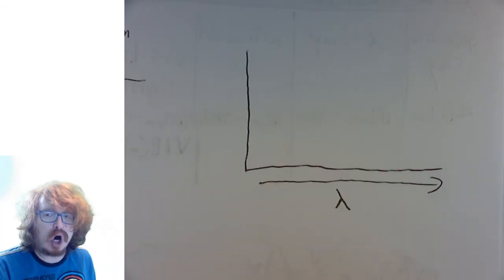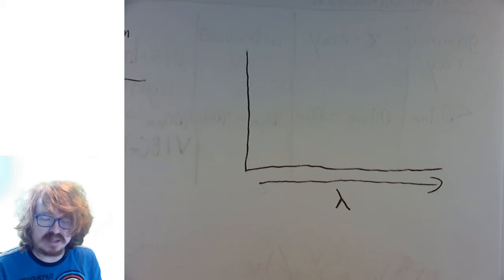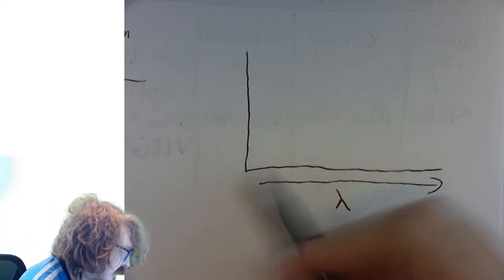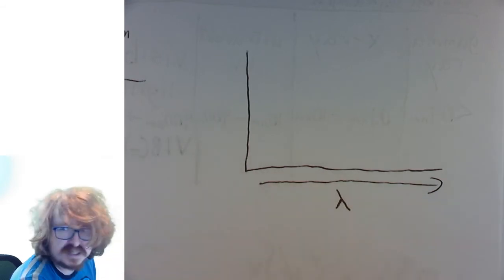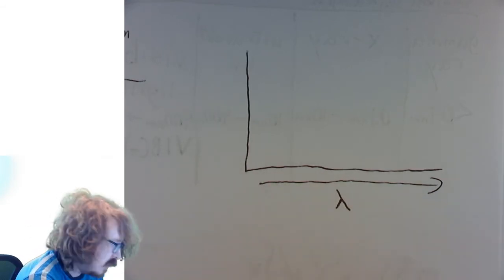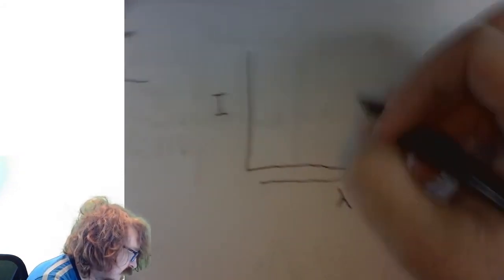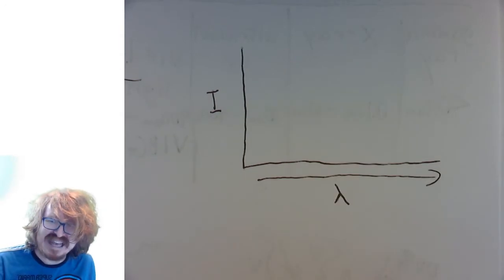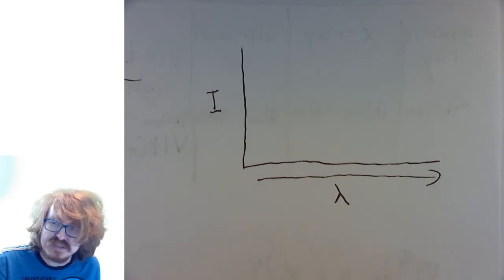Remember, longer wavelengths mean lower energies. Shorter wavelengths mean higher energies. So radio's on the right, gamma's on the left, and everything else is in between. Now, on this axis, we have something I'm going to label with a capital I. And that just stands for intensity. Intensity. Basically, brightness, right?